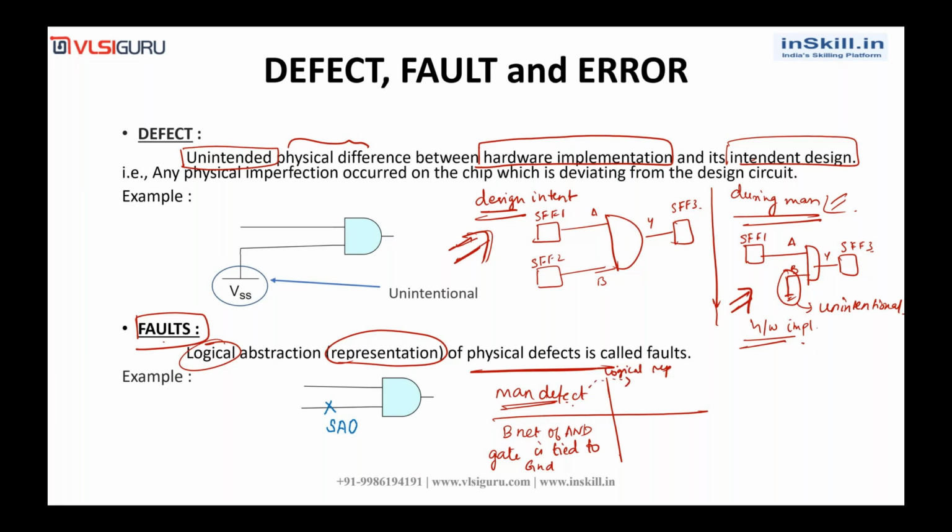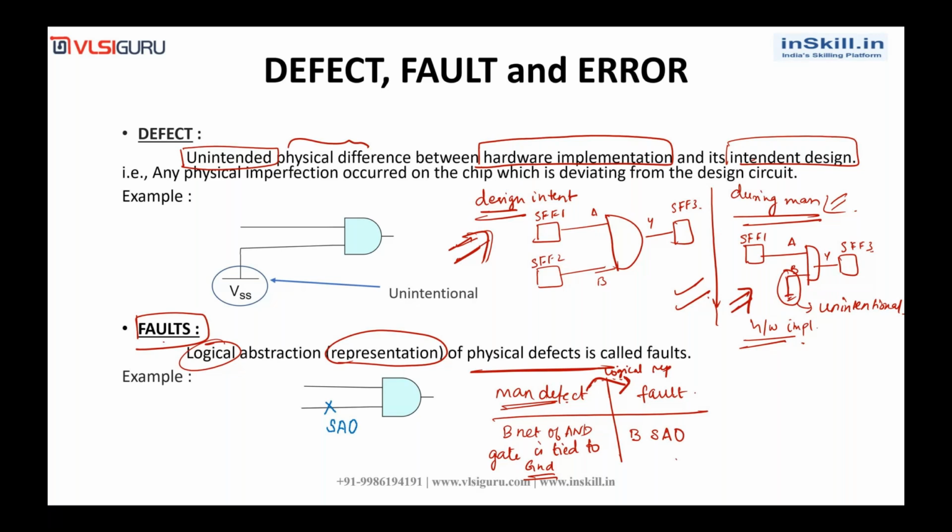If you want to represent this manufacturing defect logically, we can write it as B stuck at 0. Tied to ground is nothing but stuck at 0.